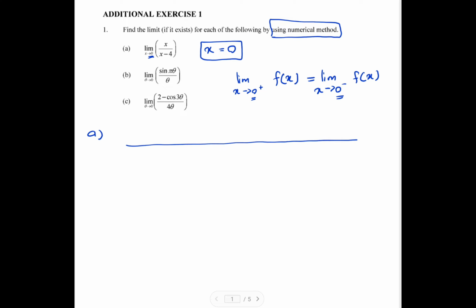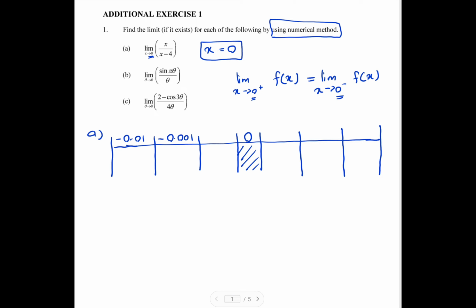For example, we write a table here, with 0 and then 3 numbers on each side. Let's say we choose negative 0.01 from the left, negative 0.001, and the last one negative 0.0001.